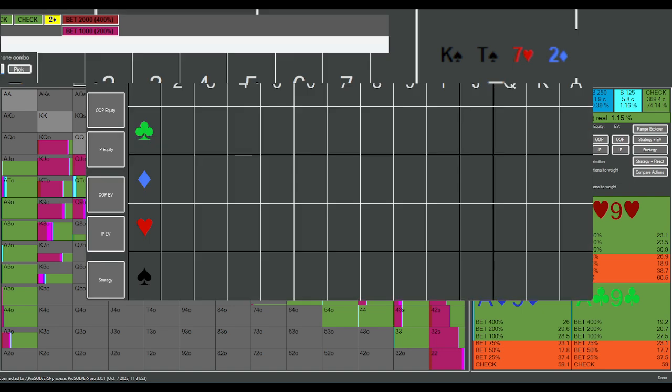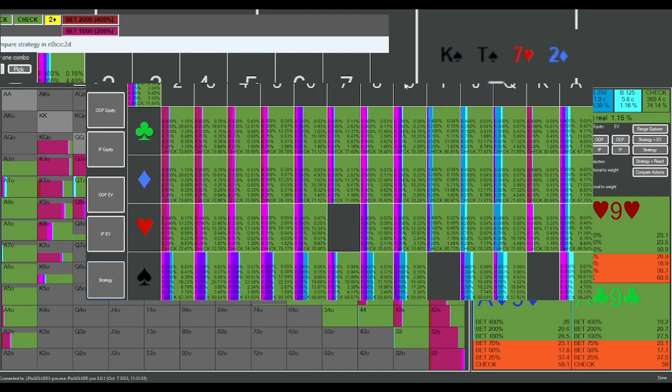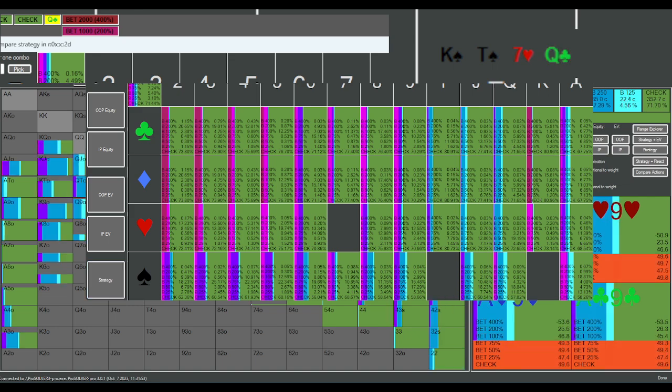But yeah, on these lower bricks, using a pretty low frequency polar turn probe strategy. And then as the turn cards get higher, or spades come in or something, you'll see a much less polar strategy. On like a queen or something.